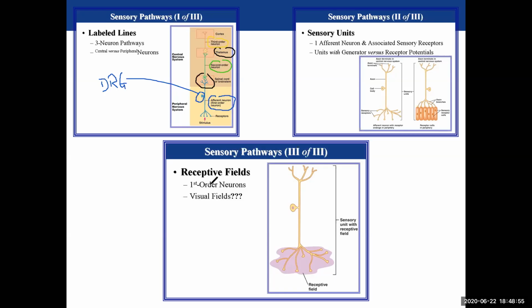When we say cortex, in this case we're talking about the cerebral cortex, and more specifically, it's the primary somatosensory cortex. That's the functional name. The anatomical name is the post-central gyrus.